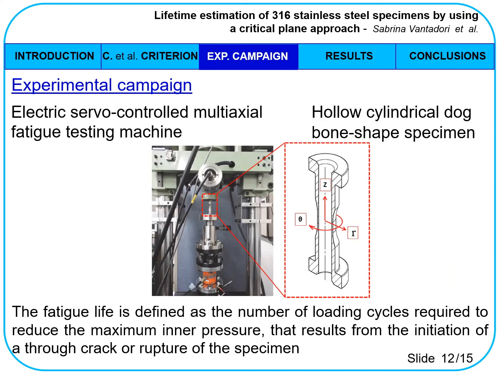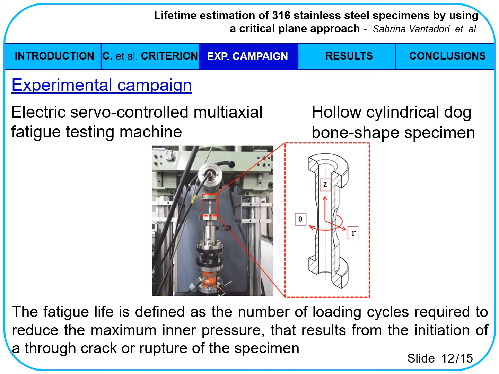The criterion is here applied to some experimental high cycle fatigue tests performed in Japan by some of the present authors. The tests are characterized by constant amplitude loading performed on hollow cylindrical bone-shaped specimens made of 360 stainless steel and alternately subjected to axial loading, inner pressure push-pull, and the combination of axial loading and inner pressure.